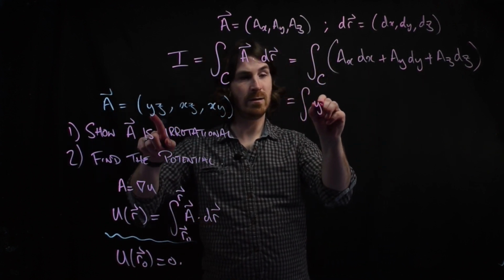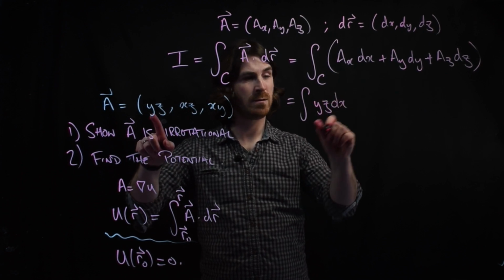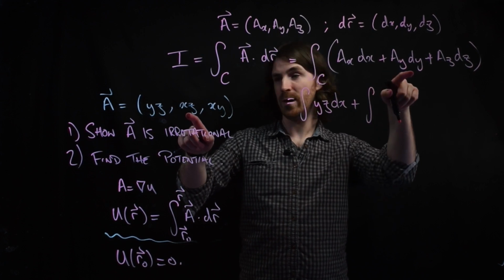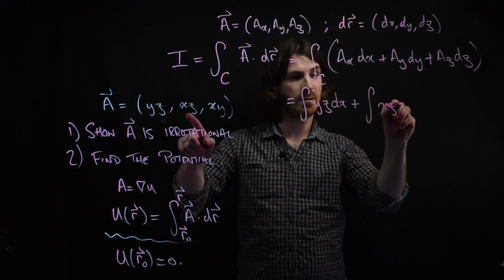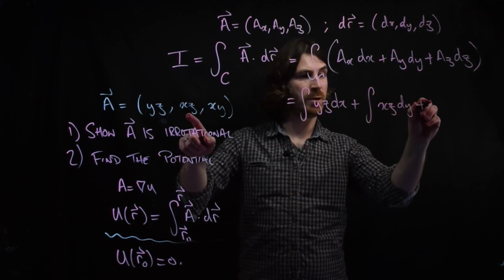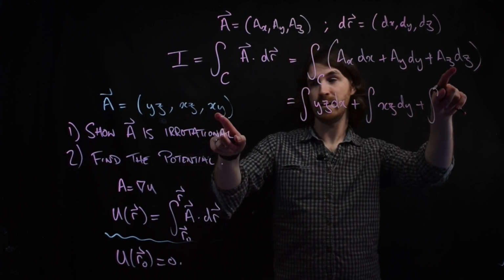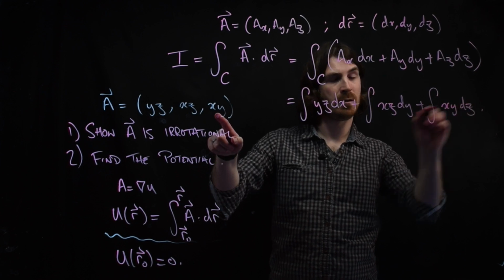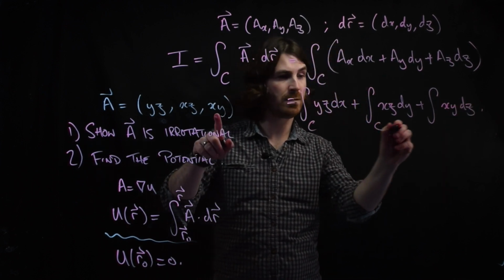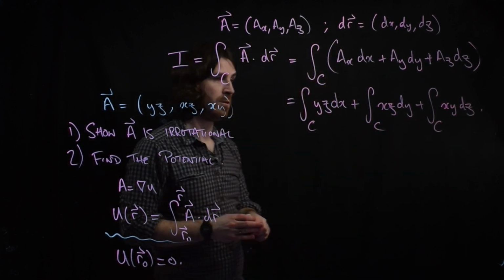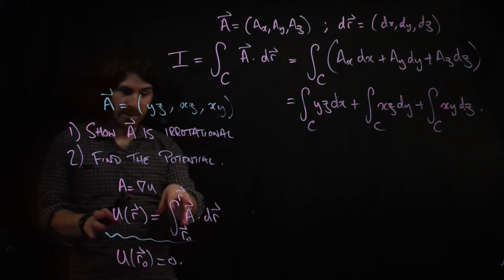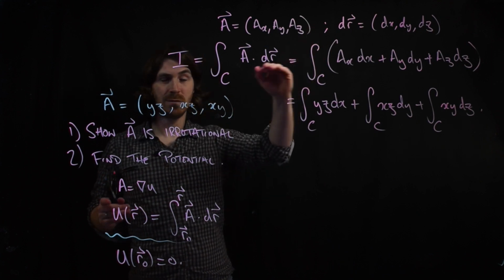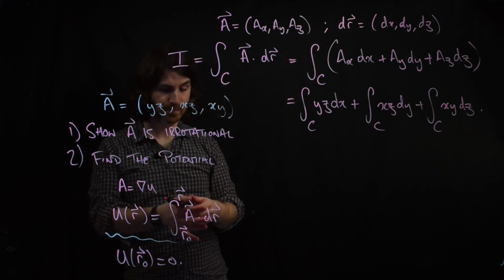So it's the yz dx plus the integral of ay dy, so xz dy, plus the integral of az dz, x, y, dz. Okay, we've got to take it along some curve. And in this case, as we showed, it doesn't matter which curve we choose. All that matters is the endpoint.